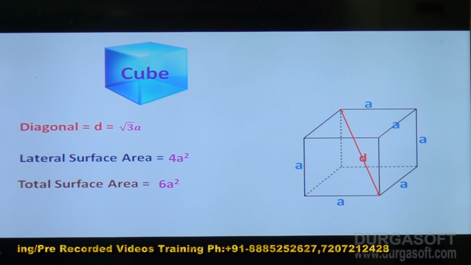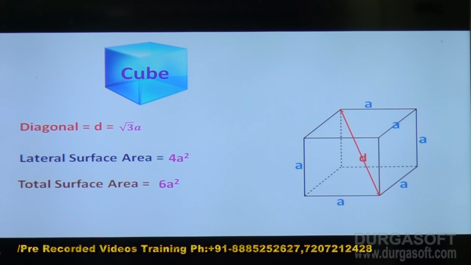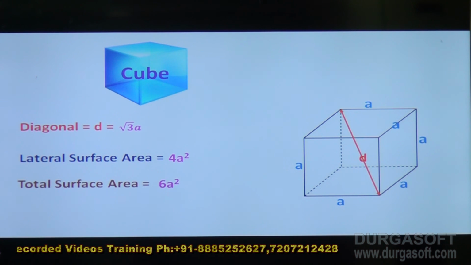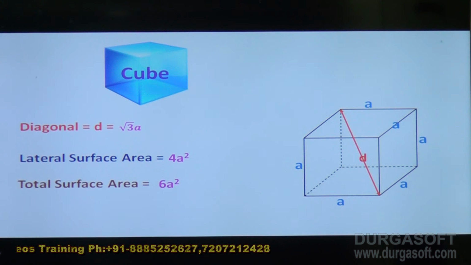Just remember these points in a cube, as all the sides are the same, and we can see the diagonal here.